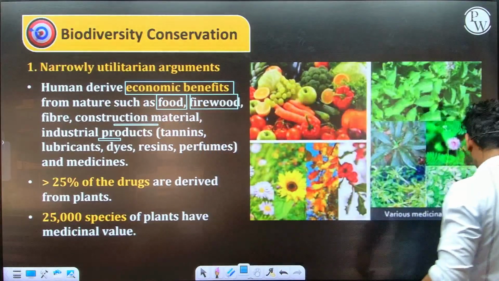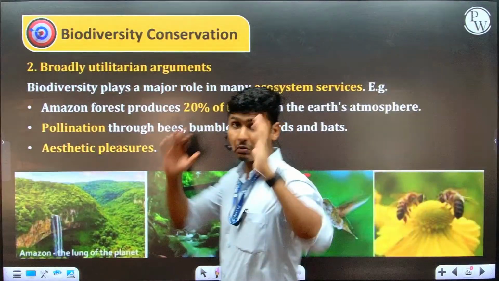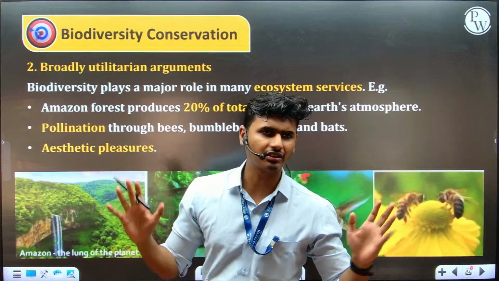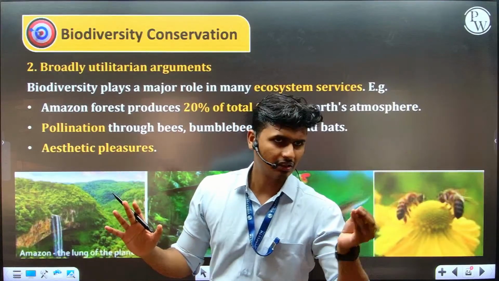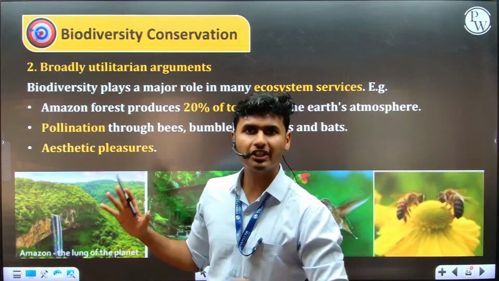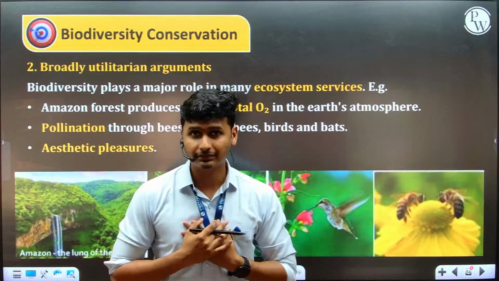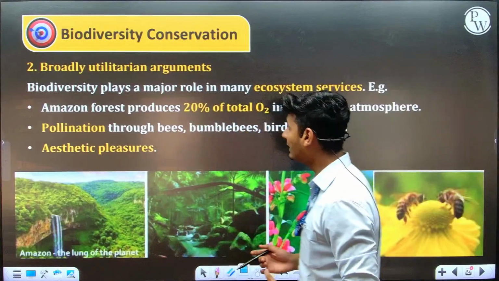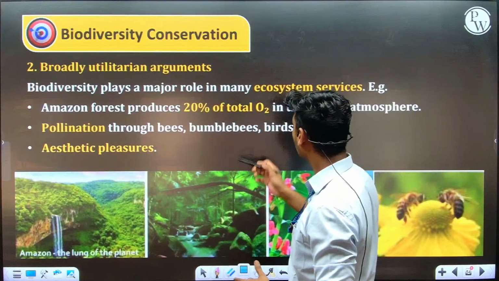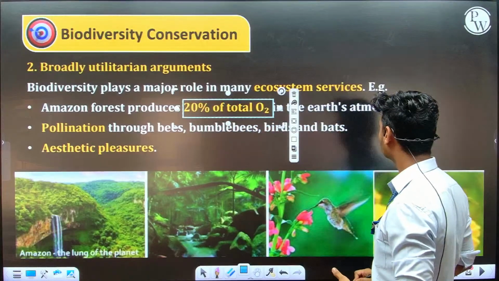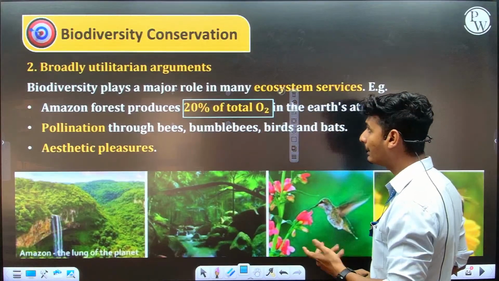Now if we are talking about the broadly utilitarian argument, sir, we are not protecting plants for simple food or industrial purpose, or for medicine. No, no, sir. We are good people. We are protecting plants because we are getting 20% of the total oxygen of the earth from plants.